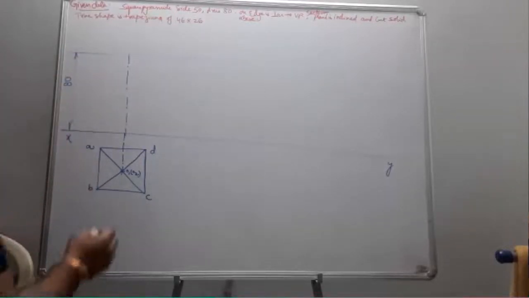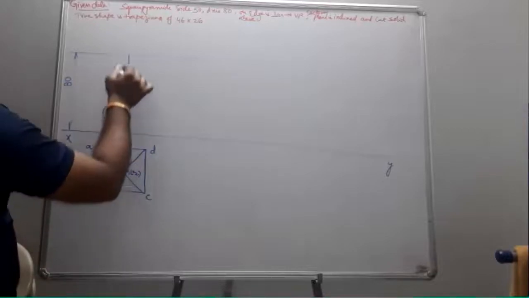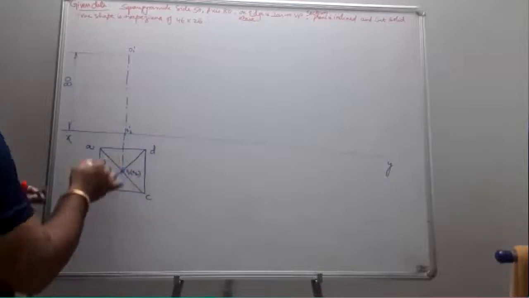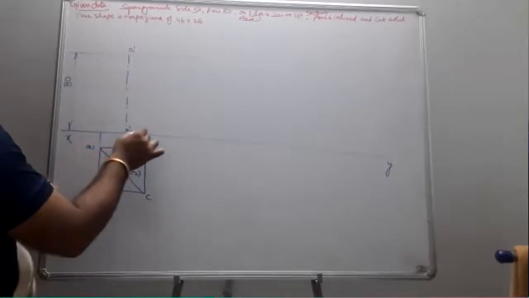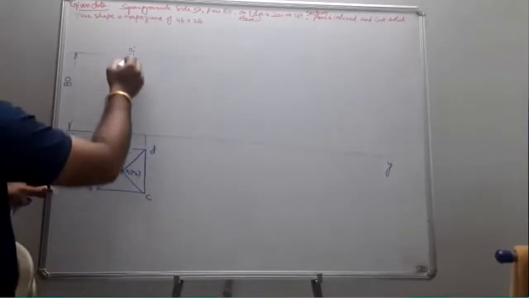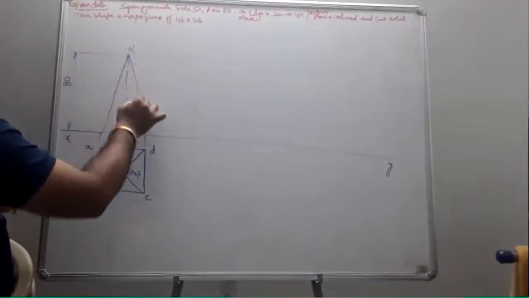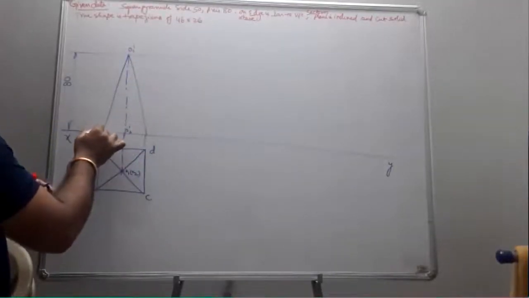So this point is going to be o1 dash, and it is o2 dash. Project these points.